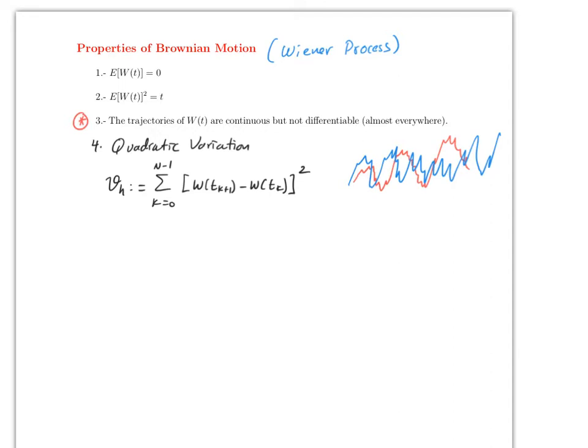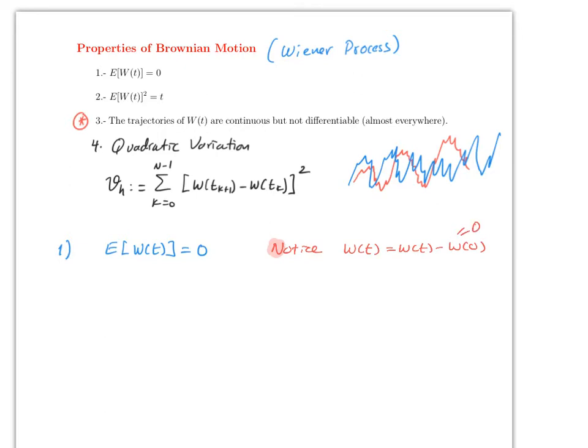Okay, let's see why these properties are true. So let's look at number 1. We want to show that the expected value of Wt is equal to 0. So notice that Wt is the same thing as Wt minus W0. Why? Because remember W0 is equal to 0.